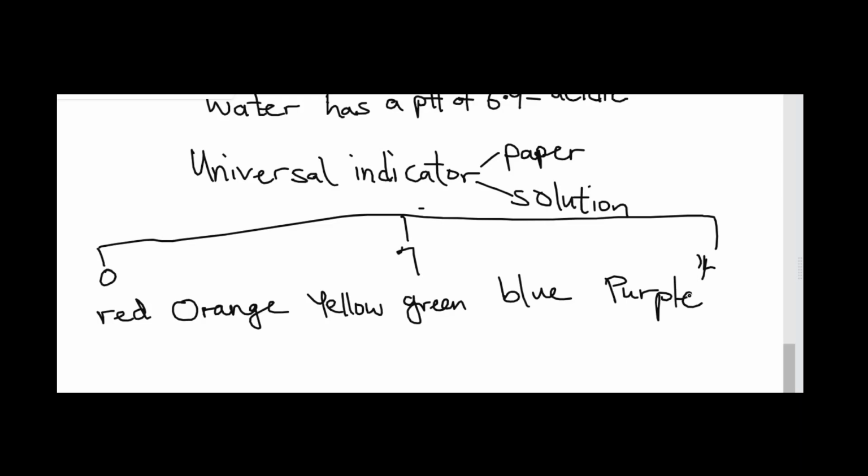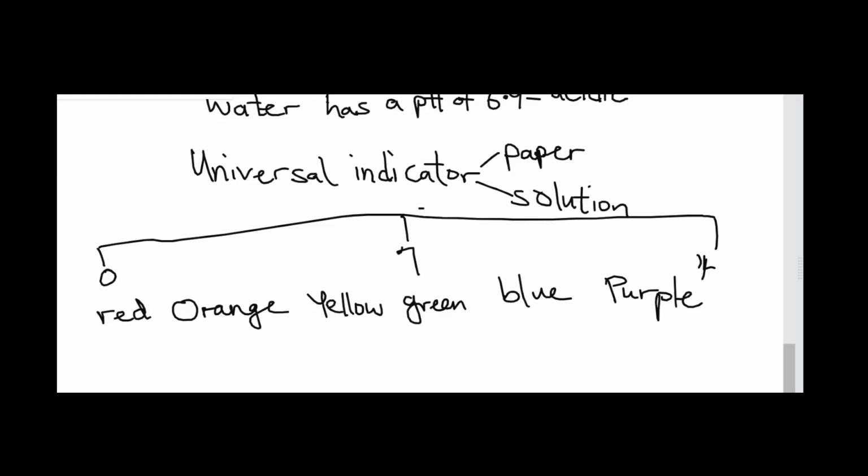So let's say, for example, I'm given a universal indicator paper, which sometimes would look like a yellow color. I'll put that yellow indicator in a solution, and then once I bring it out, there should be a color change. I'll place that next to a chart which has all of the colors that you can possibly get, okay, and then you compare. And then the one that it is closest to, that will be what solution that is.